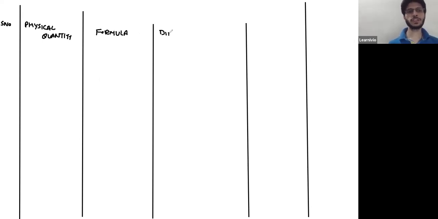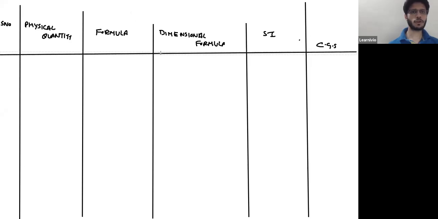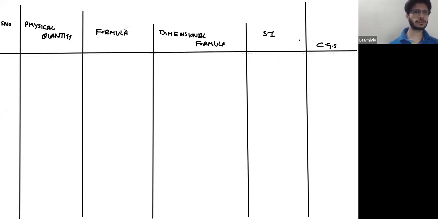The next is dimensional formula. Then SI unit, and then CGS. We will have almost 20 quantities in the list. All 20 quantities are important.